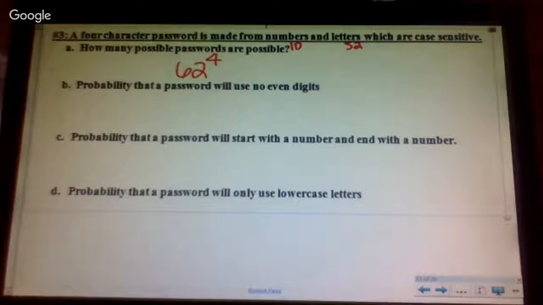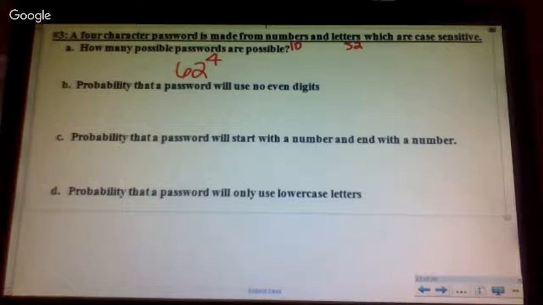Probability that a password will use no even digits. If I take away even digits from 62, how many options do I have? How many even digits do I have between 0 and 9? 5: 0, 2, 4, 6, and 8.